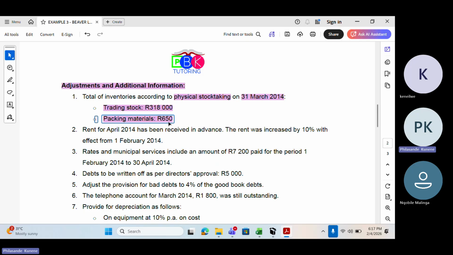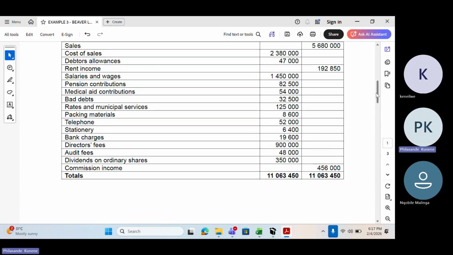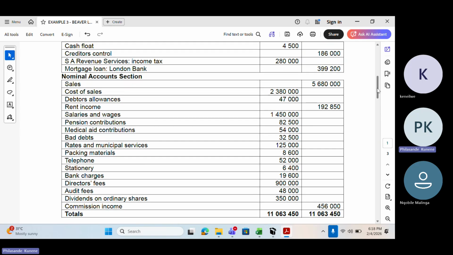Packing material, 650. This is the packing material that we have at the end of the year. But if we look at what is sitting on the trial balance, we can see that we have packing materials of 8,600. This is the packing material that was purchased, sorry.